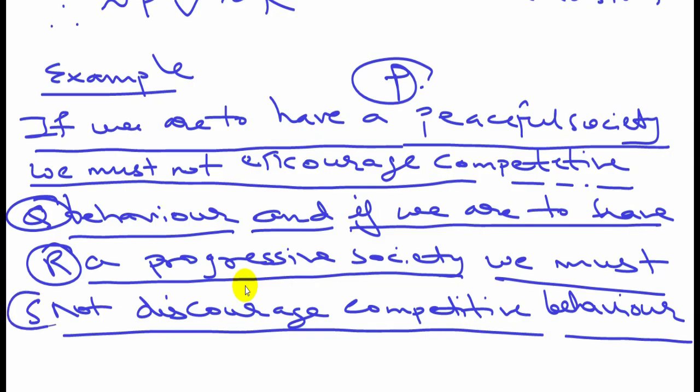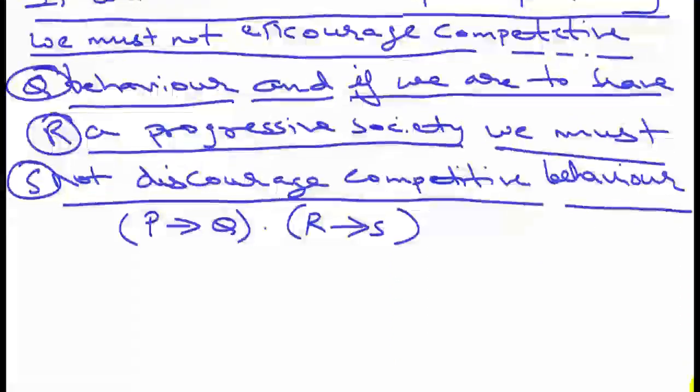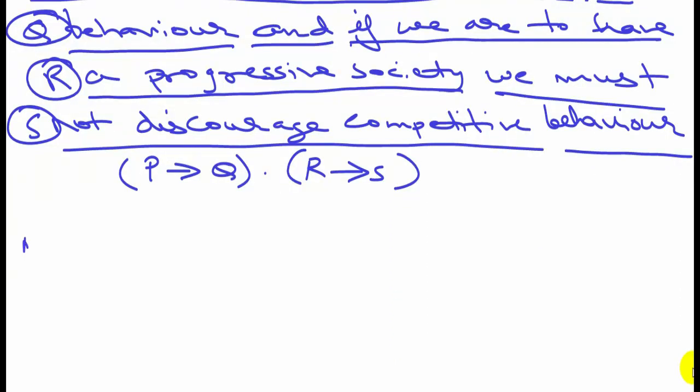This is your S. So P implies Q. If P, then Q. And if R, then S. This is your major premise. Your minor premise states, what does minor premise do? It negates or it denies the consequence.